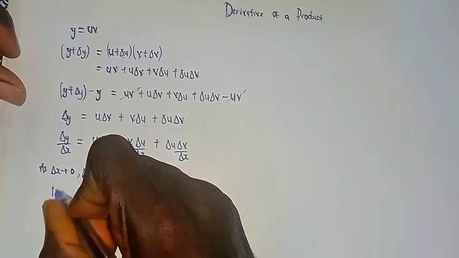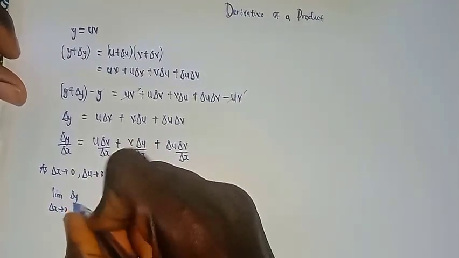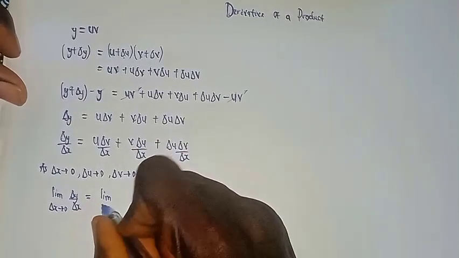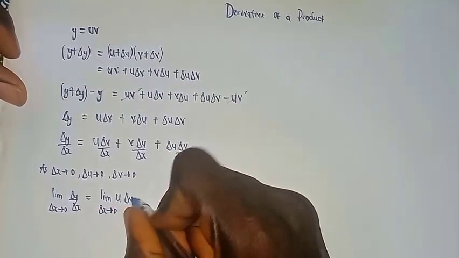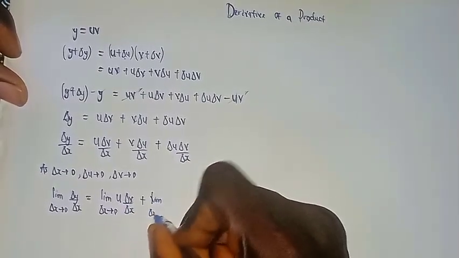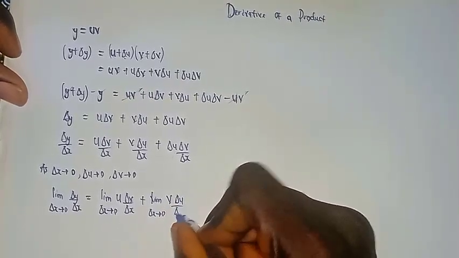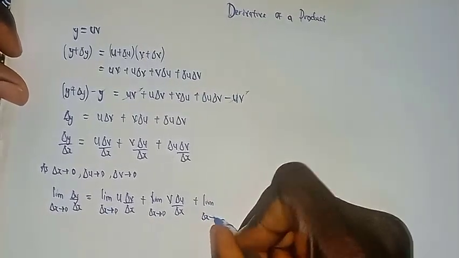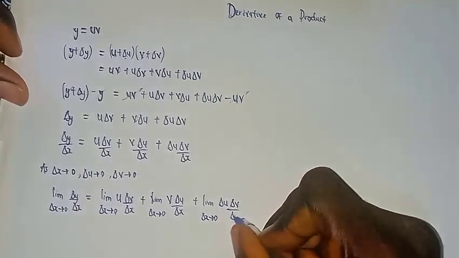So we have the limit as delta x approaches 0 of delta y over delta x, which is equal to limit as delta x approaches 0 of u delta v over delta x plus limit as delta x approaches 0 of v delta u over delta x plus limit as delta x approaches 0 of delta u delta v over delta x.